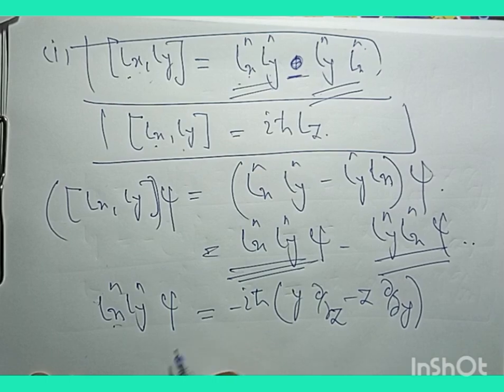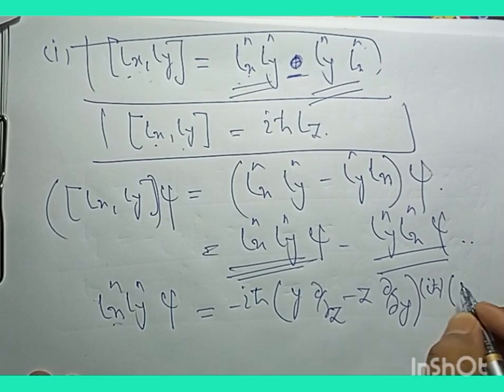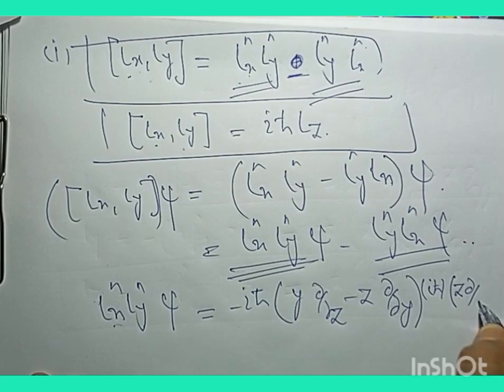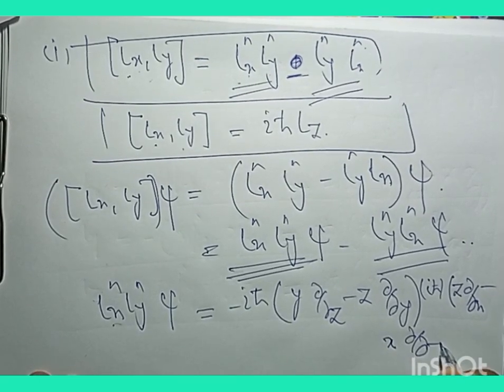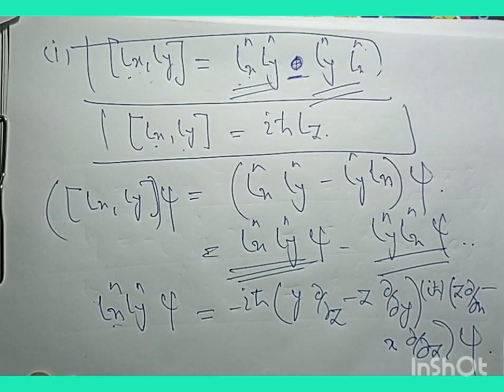What is Ly? That is iħ times (z ∂/∂x minus x ∂/∂z). So this whole thing is multiplied by psi.